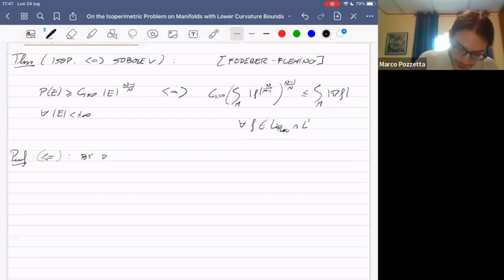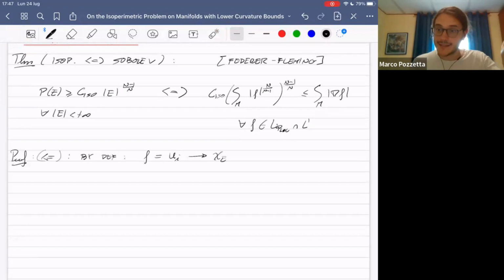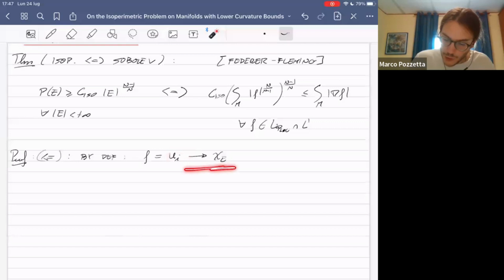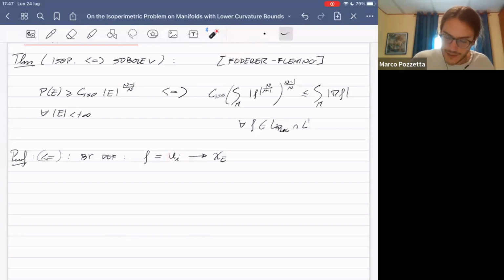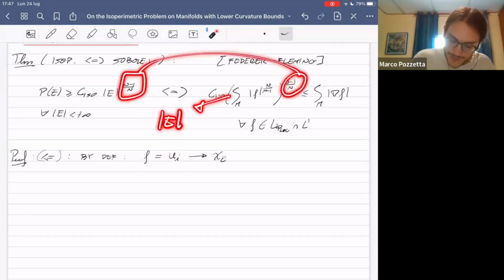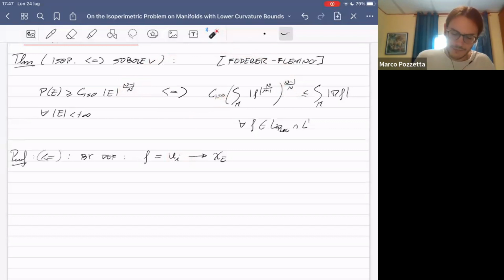In place of f, I take a sequence u_i going to the characteristic function of E, as said in the definition of perimeter. So this goes in L1 to the characteristic function. On one side, this brings me to the perimeter of E, because I am right in the definition of the perimeter, and on the left-hand side, this goes to the volume of E raised to this power that ends up here. So it's just by definition.